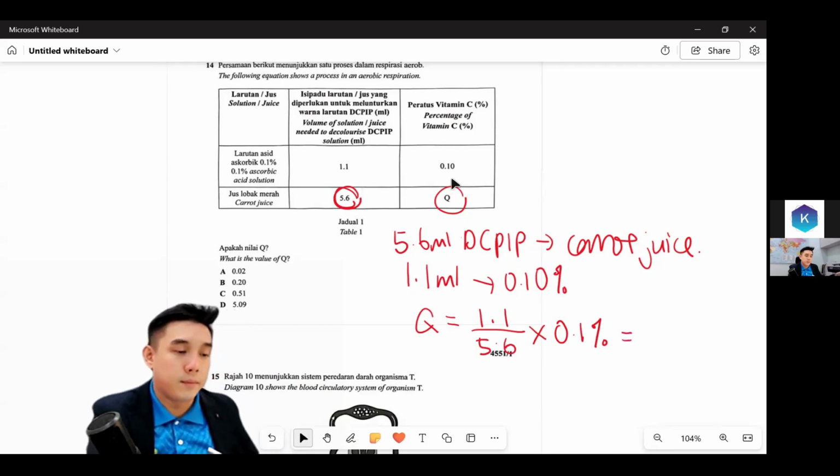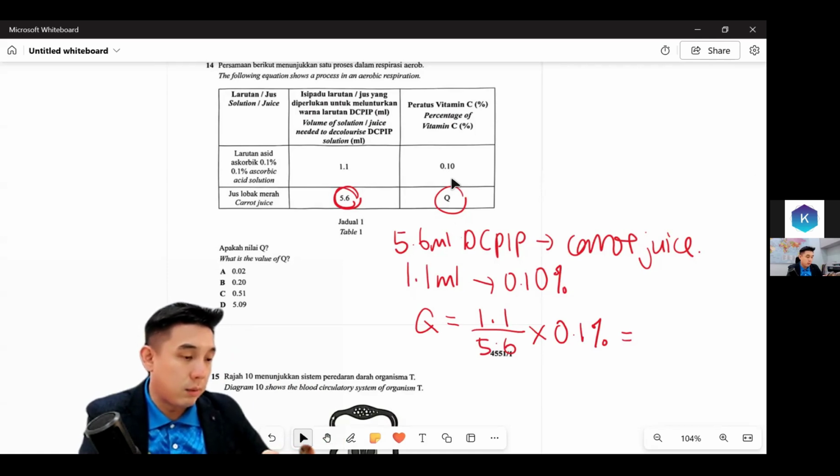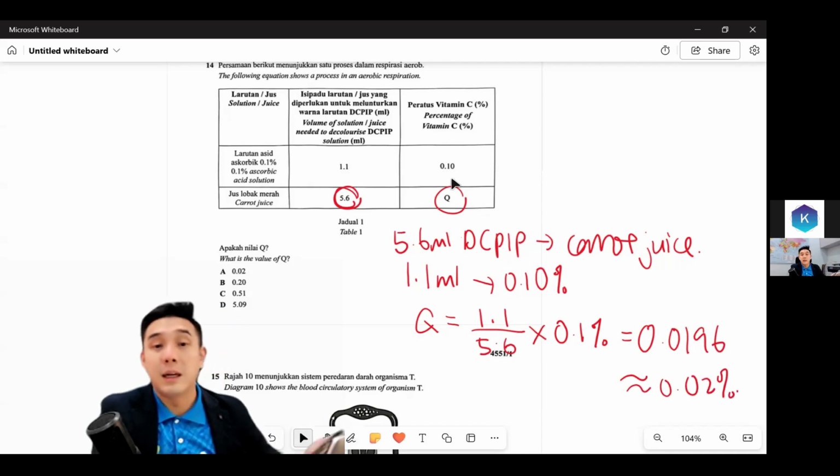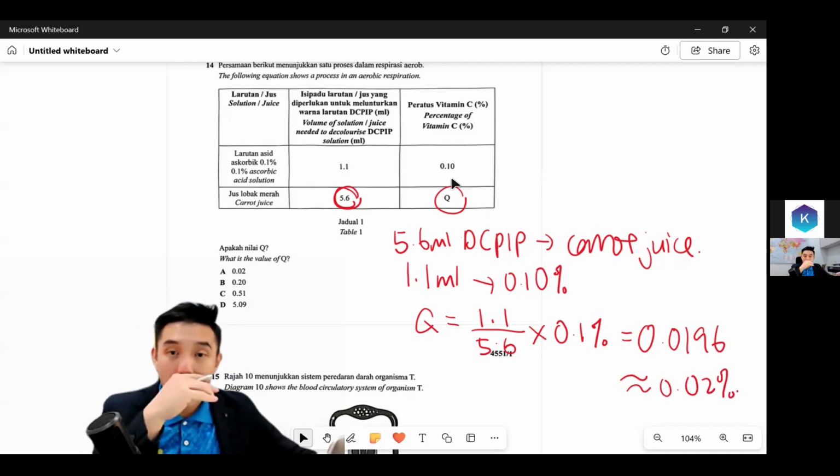You should get 1.1 divided by 5.6 multiplied by 0.1%. So you get 0.0196, which is equivalent to 0.02%. Okay?